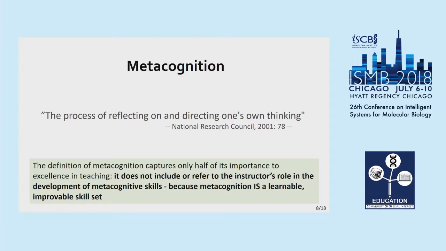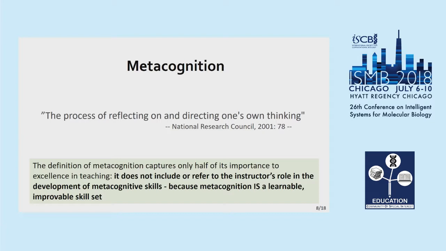That's a pretty good definition of metacognition: the process of reflecting on and directing one's own thinking. So basically it's thinking about our own thinking. This definition actually doesn't say anything about the role of a teacher in developing metacognition in our students.